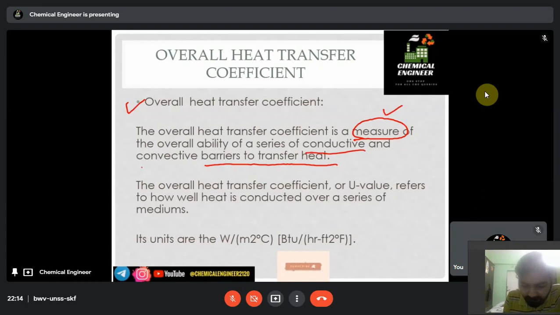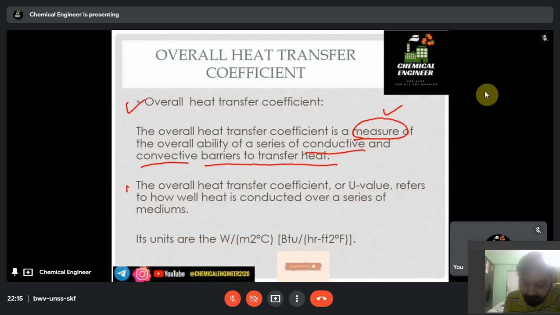It actually estimates the value or quantity which is responsible for the barrier to transfer of heat. Okay, so that is why we carry out the calculation of heat transfer.